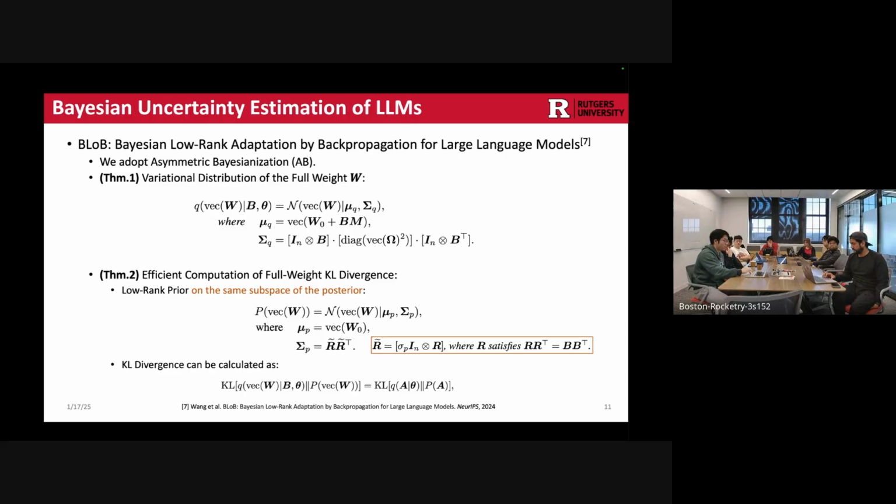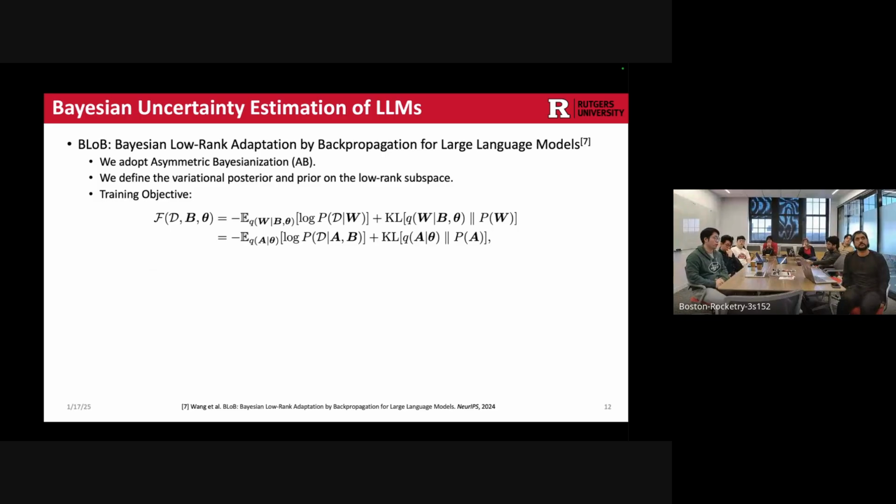But with this low rank structure of the prior, you can efficiently calculate the KL divergence inside just the A matrix instead of the full weight matrix W. So with these two things, we have the final training objective. This is the variational free energy that we mentioned before. The first term is the data likelihood, and the second term is the KL divergence that constrains the complexity of your weight.